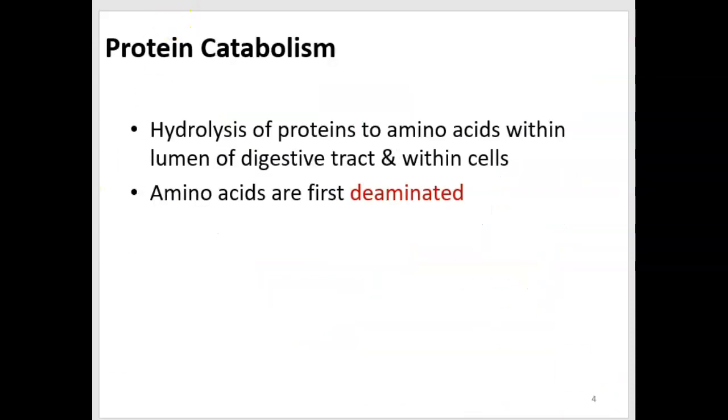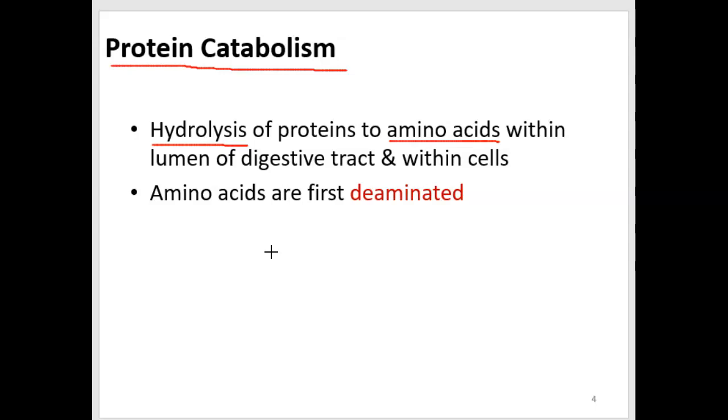So first we'll look at protein breakdown. So protein catabolism. When a protein is hydrolyzed, individual amino acids are the result or products. This happens in our digestive tract, and then the amino acids are taken up into our cells.